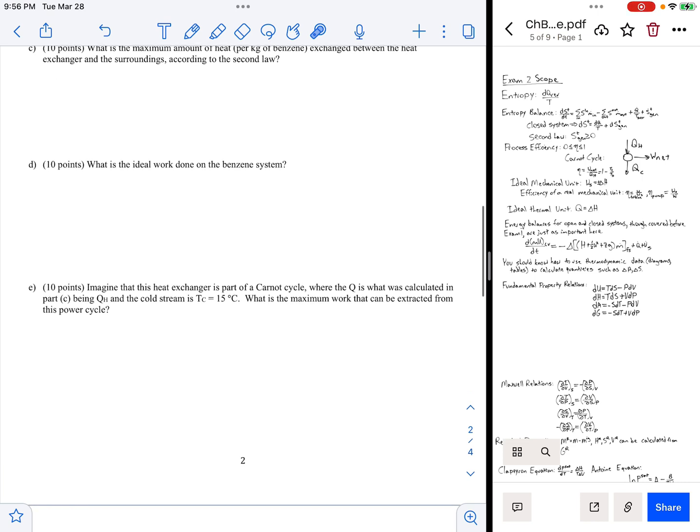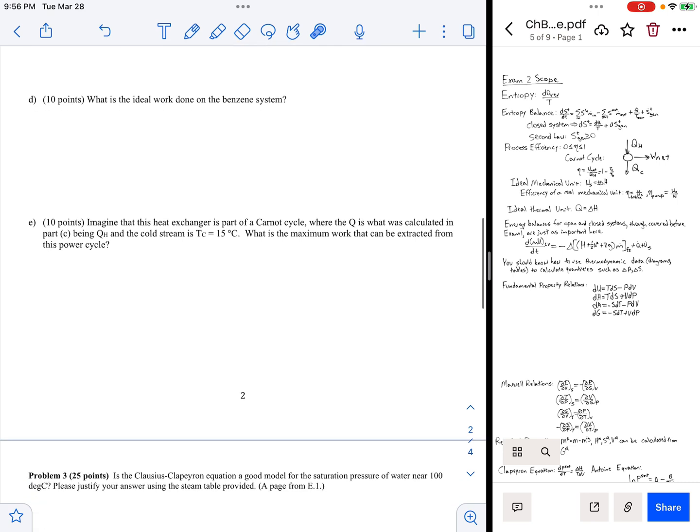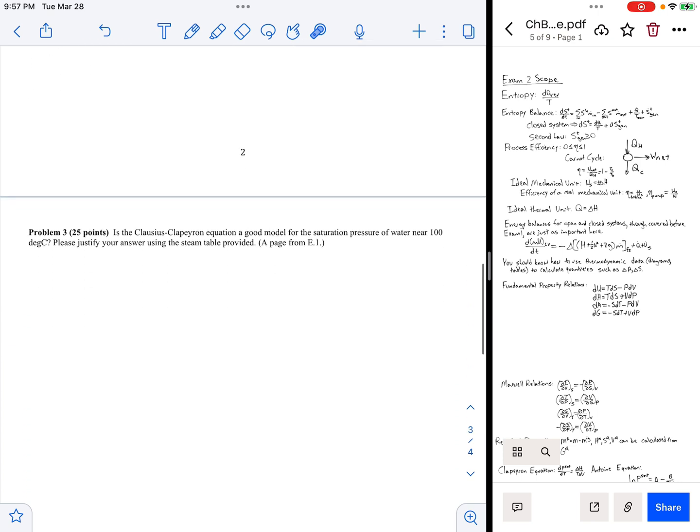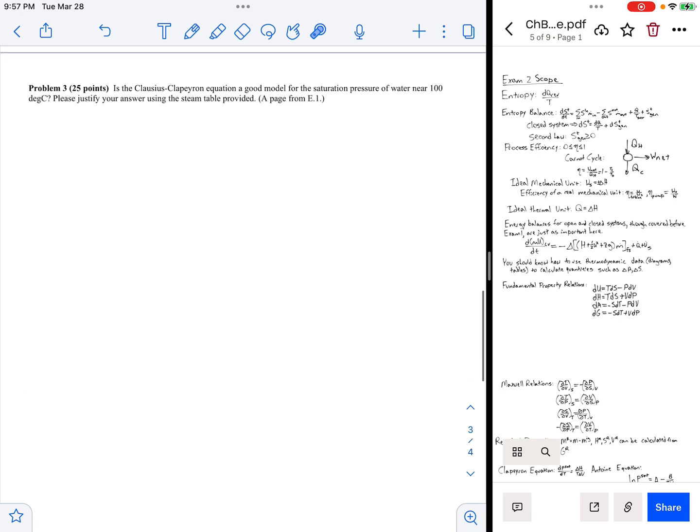What is the ideal work done? That is probably in the limit of reversibility. And then comparing it to a Carnot cycle where your Q is QH and then you have a TH and a TC. So that involves looking at Carnot efficiency and conversion of heat into work. So it looks like we're touching on a lot of topics in the scope.